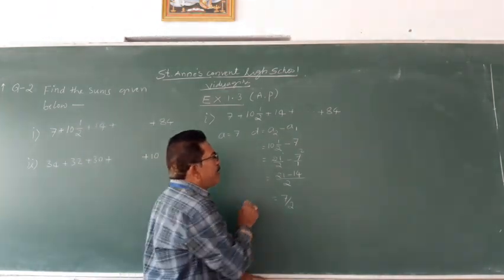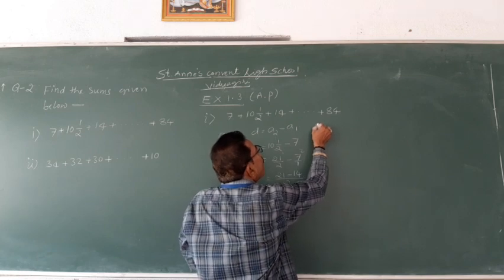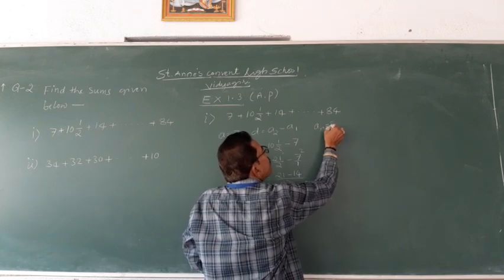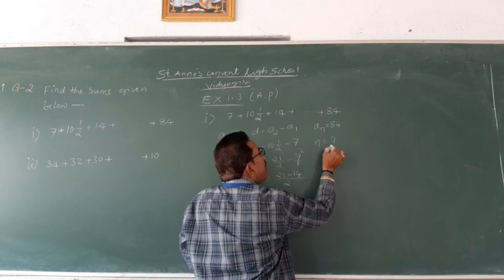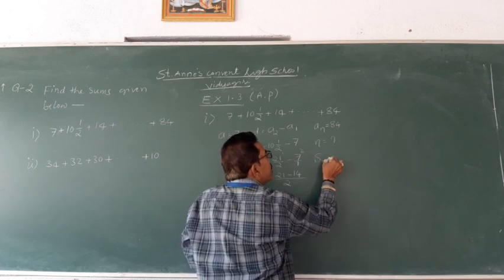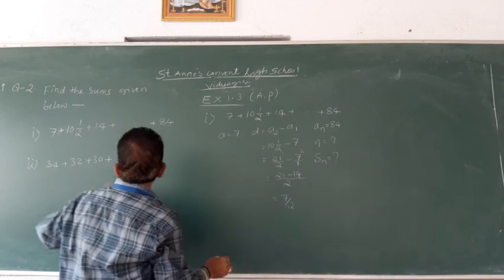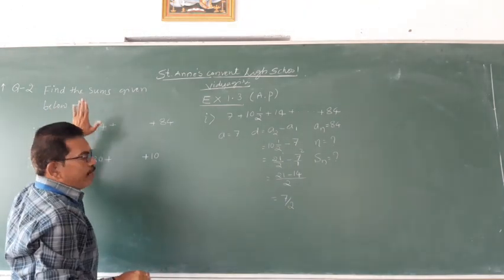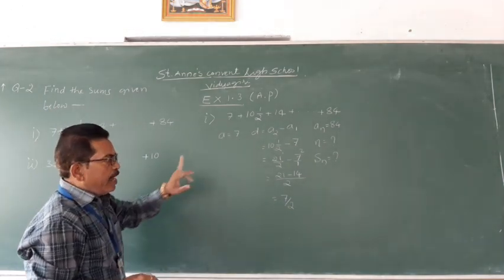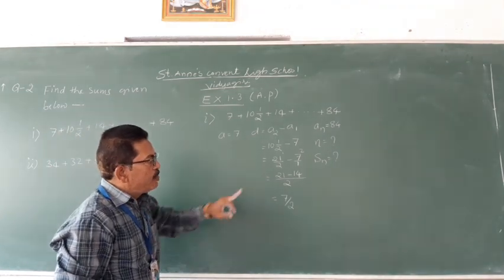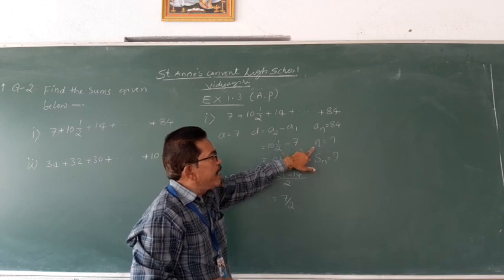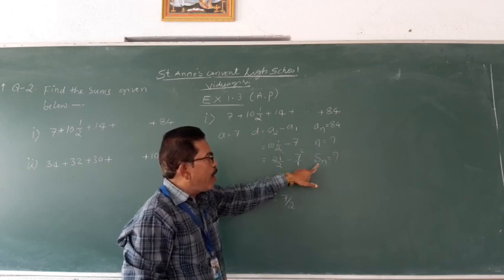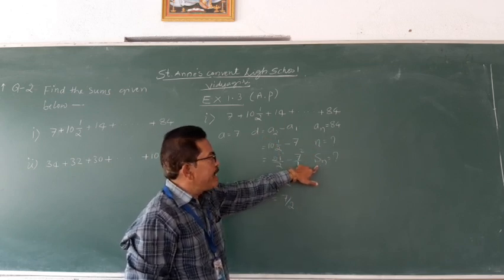Then an is given, an equals 84. We have to find n and also Sn because they asked to find the sums. So by using an, we have to find n. Then after getting n, we have to find Sn.